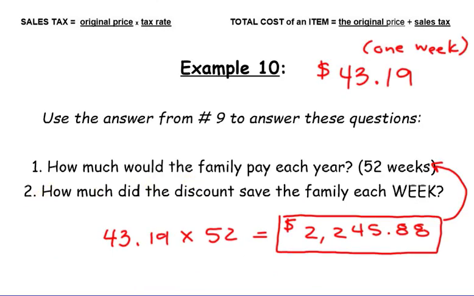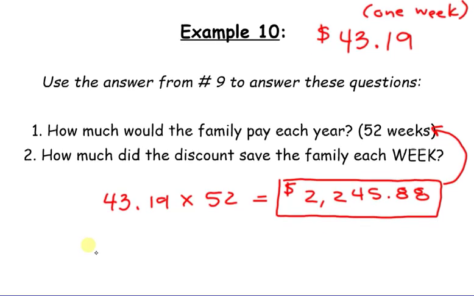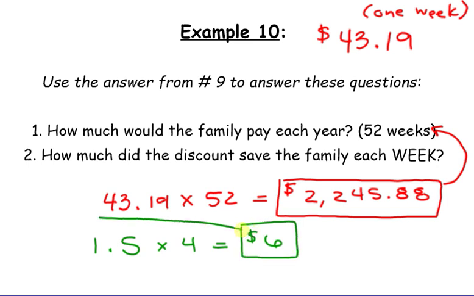So if I saved $1.50 per visit and they came 4 times a week, how much money did that save me? Well, $1.50 times 4 is going to be $6. So it saved the Smith family $6 a week to have that coupon. So coupons can go a long way because if you think about it over the course of a year, how much would that save them over the course of a year?